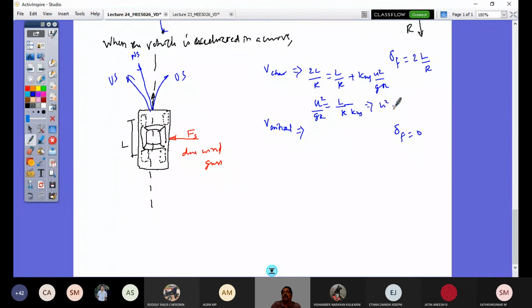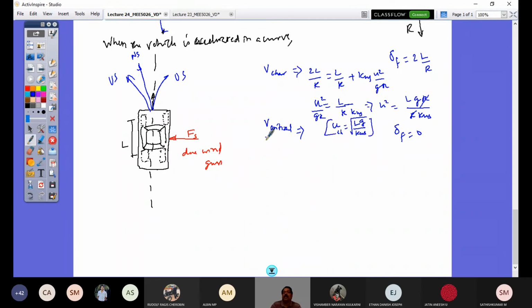So U square is equal to LGR by R into KUS. So R goes out. I get my U characteristic would be under root of LG by KUS.